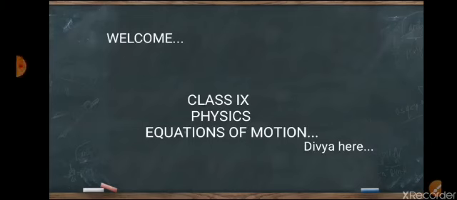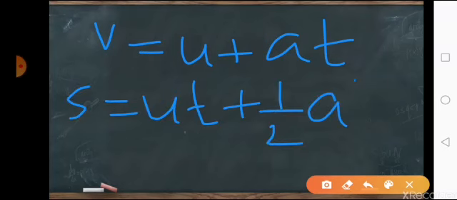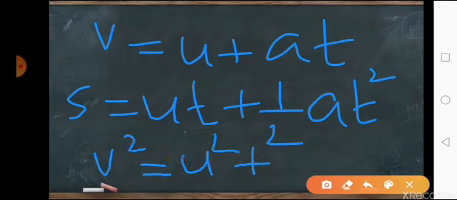Today in our class we will be discussing a very important topic for derivation, that is equations of motion. Before starting with the topic, I hope you all have done your homework and gone through the graphical representation, because we are using the graphical method to derive the three equations of motion here: v is equal to u plus at, s is equal to ut plus half at square, and v square is equal to u square plus 2as.